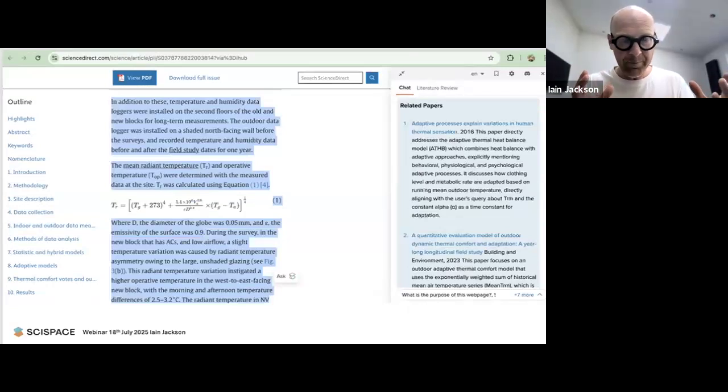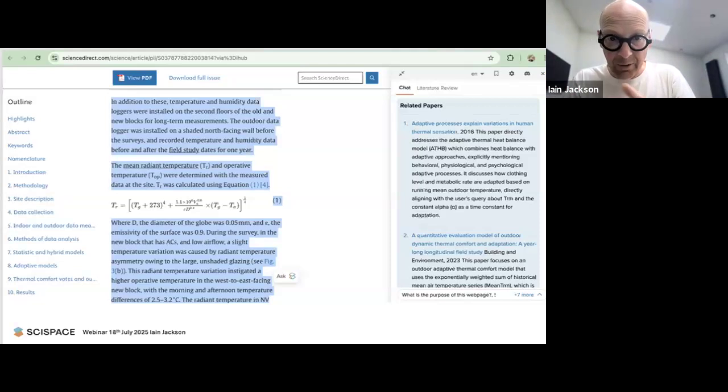You can do more than that. You can highlight a section of the text. So some papers are quite detailed in one area, but they may cover other themes and topics, but you're not interested in that. So you don't want AI to pull up all papers related to the full topic. There might be one small segment of the paper that you're interested in, and you want to find other papers just on that segment.